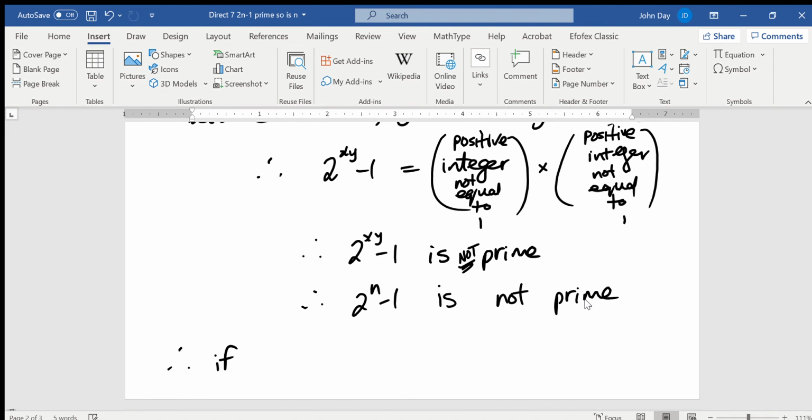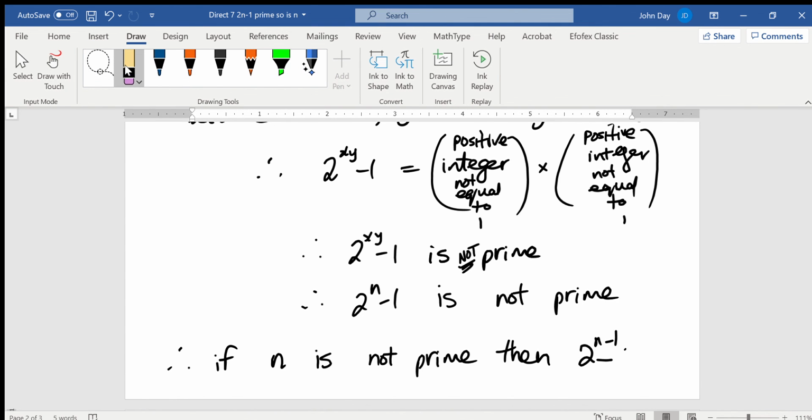Therefore, if n is not prime, then 2 to the n minus 1 is also not prime. Yay!